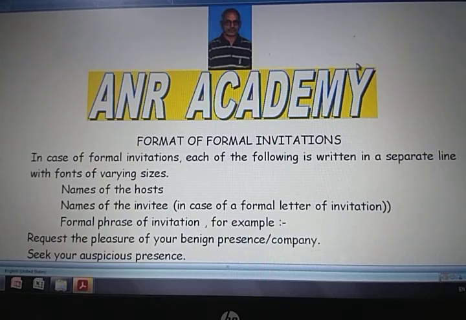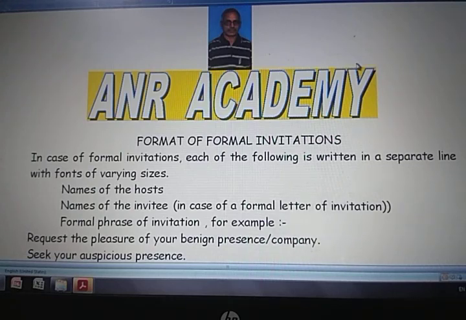That means 1,000-2,000 people will be invited. For that, we have a different format, a card format. For some functions, we invite only a few number of invitees. For that, we may go for a letter type. Clear? So whatever it may be, the contents would be same.